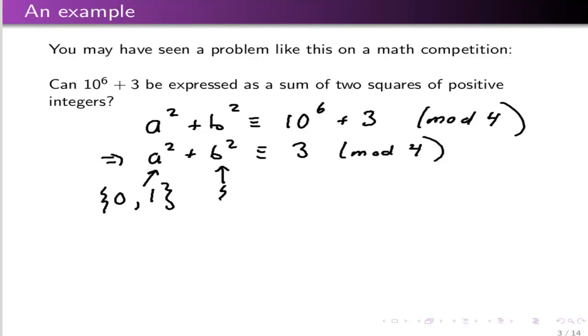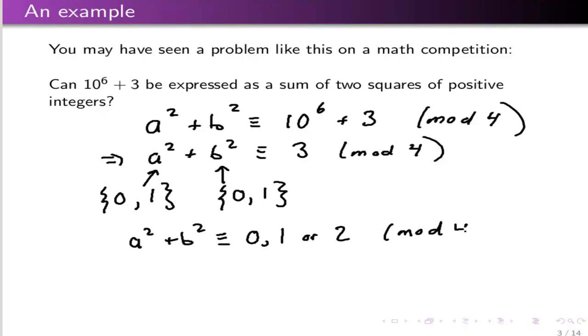And b squared also is either 0 or 1 mod 4. And so if you're taking an a squared plus b squared, the only possible outcomes are 0 plus 0, 0 plus 1, or 1 plus 1. You can never end up with 3 mod 4. Thus, this congruence has no solution, and therefore the equation has no solution.